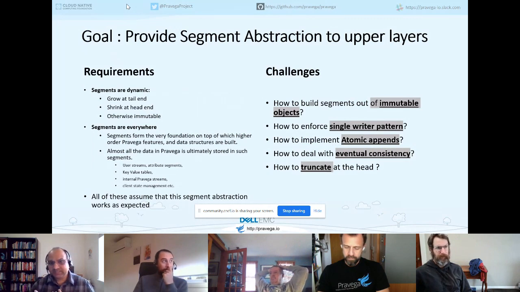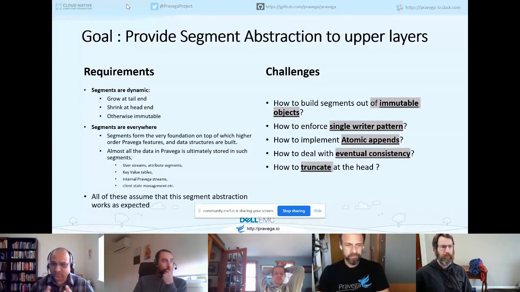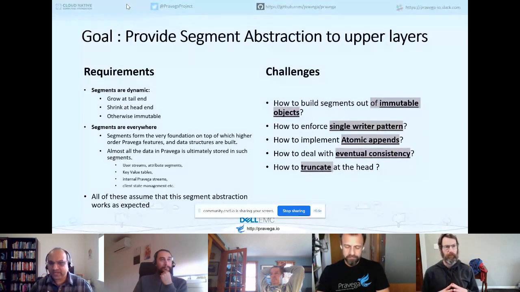So what are the challenges? One of the biggest challenges with object stores is how do you actually build such a dynamic entity like a segment with immutable objects? So that's one challenge that SLTS needs to solve. The second challenge it needs to solve is how to enforce the single writer pattern. In a distributed system, you always have a partition, you always have a possibility of zombie servers and split brain scenarios. And so how do you actually strongly enforce the single writer pattern?